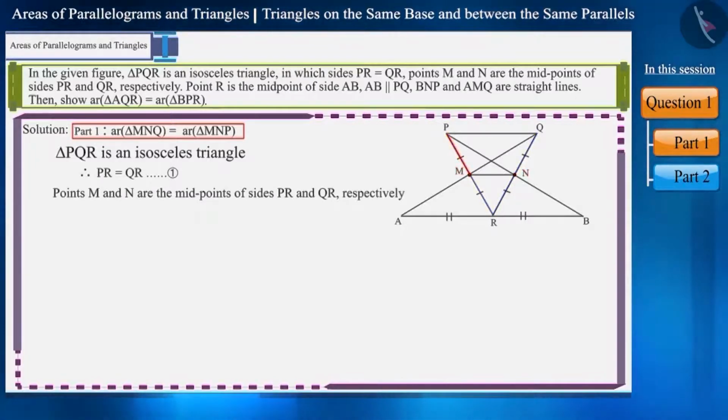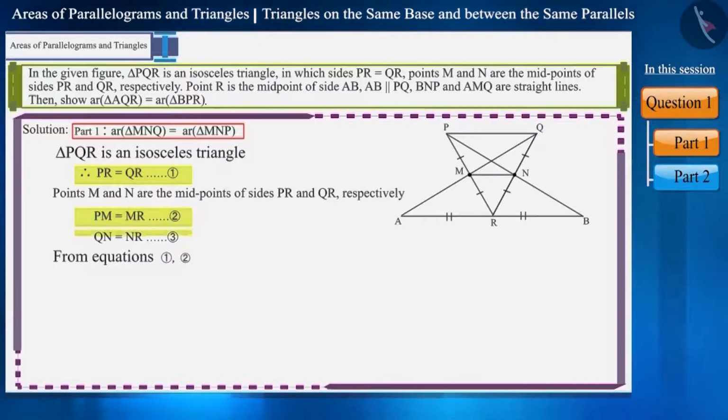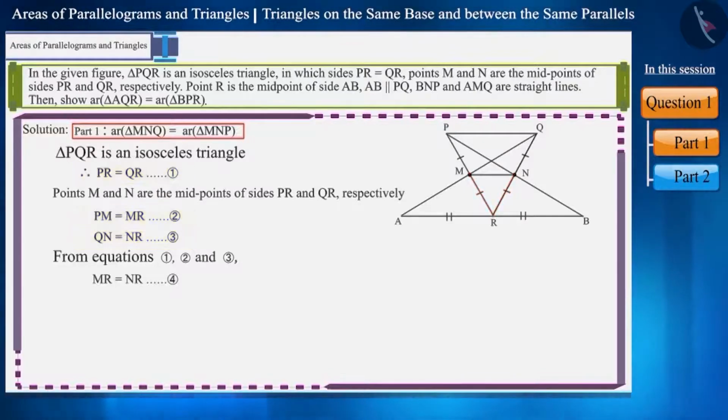Therefore, PM will be equal to MR and QN will be equal to NR. And we can write it like this also. From equations 1, 2 and 3, we can say that side MR will be equal to side NR. Let's call this equation 4.